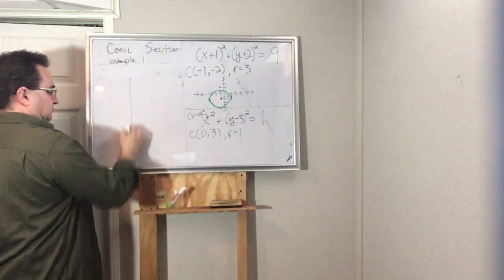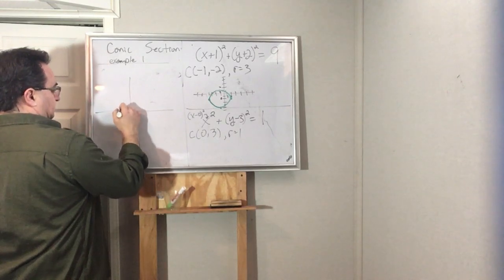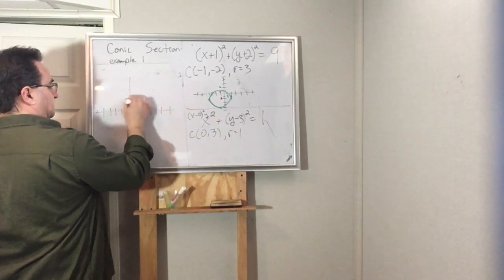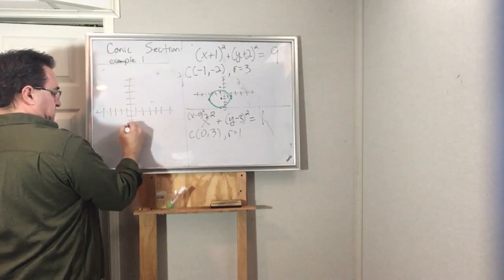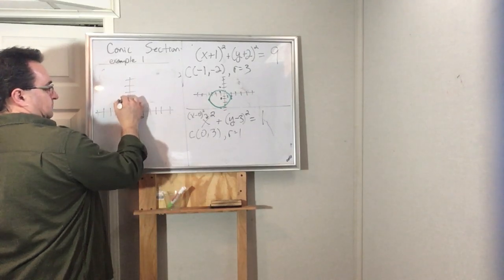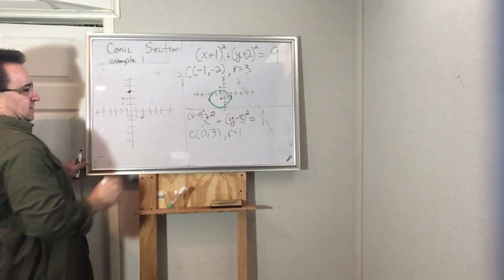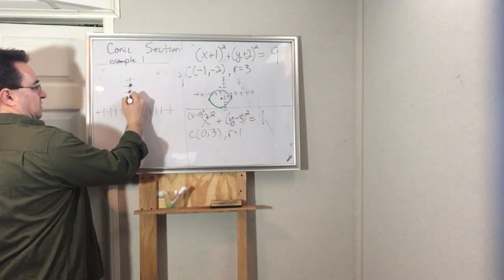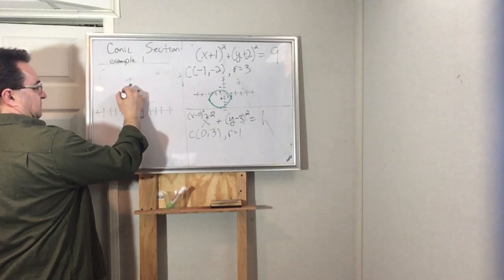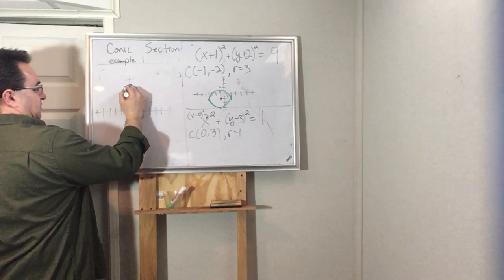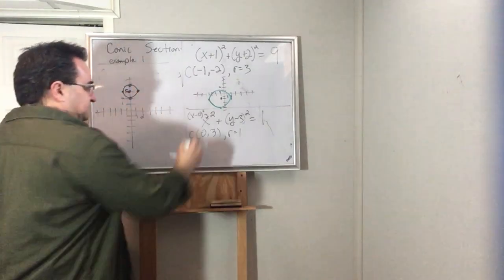All right, here we go. Okay, center, it's 0, 3, but my radius is 1. Up 1, down 1, left 1, right 1. Make the best circle you can, and there you go. And you just label the center with a C.